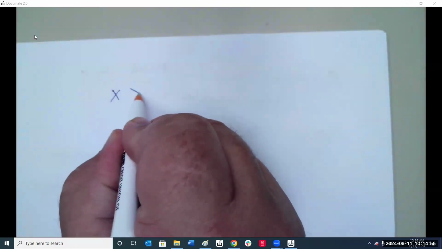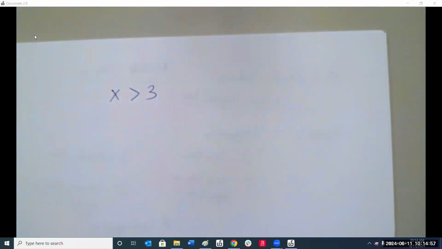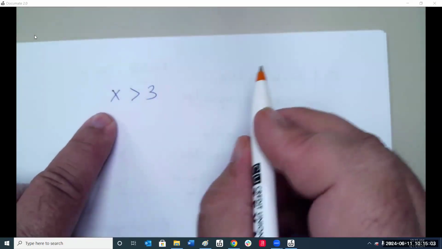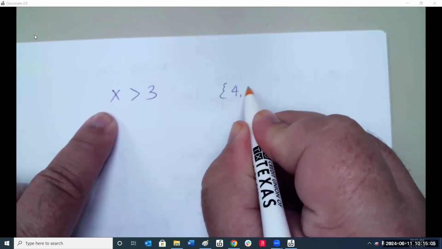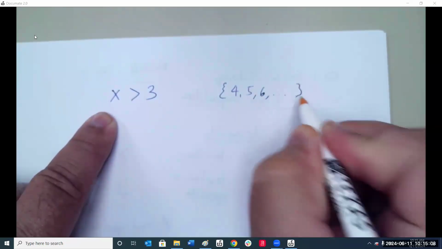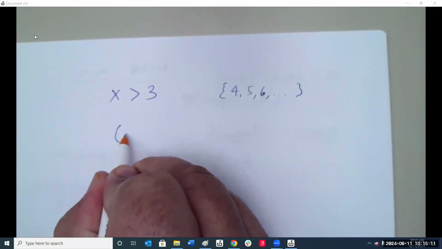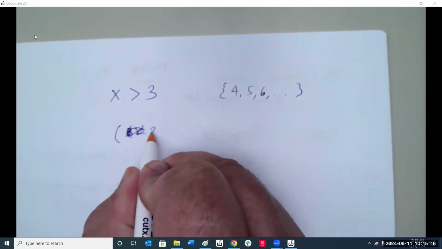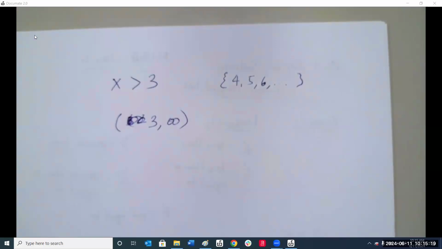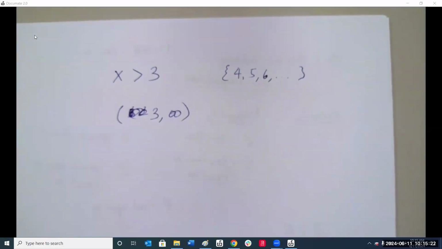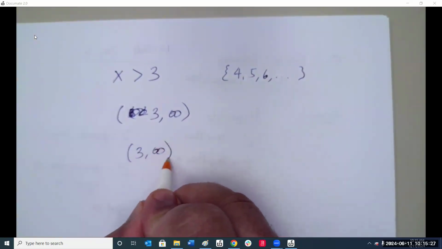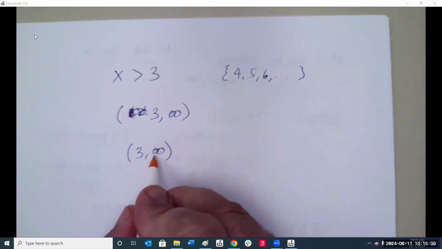Like our example a second ago, when I said x is greater than 3, the numbers we said were 4, 5, 6. So my answer set would go from 3 all the way to infinity. Can you ever get to infinity?